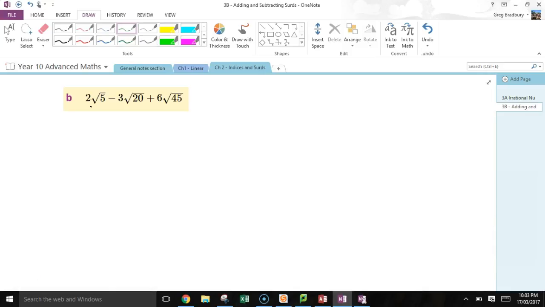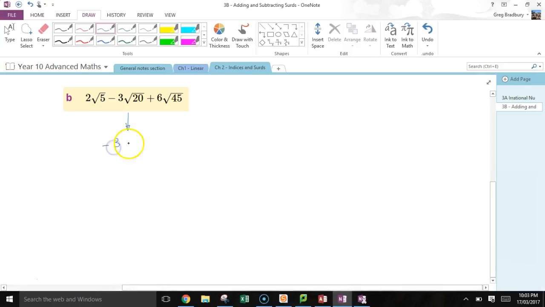So root 5 is a hint as to what one of the surds might be. Let's have a look at this 3 root 20. 2 root 5 is as simple as it goes. 5 doesn't have any factors. It's a prime number, so can't break that down, but 20 is a different story.